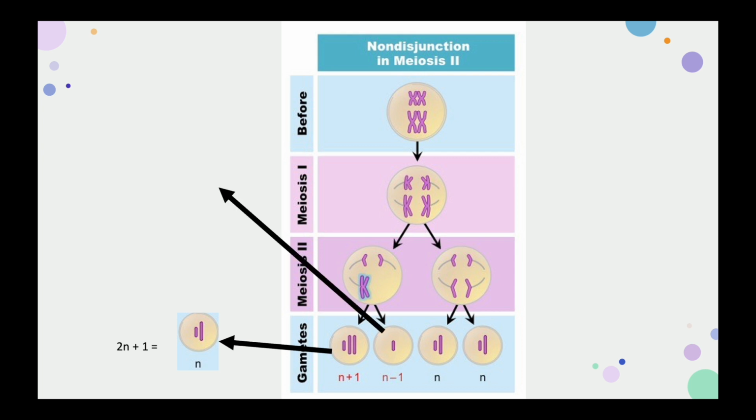If this gamete fertilizes with a normal gamete, it will result in the production of individual with one less chromosome, or 2n minus 1. In the case of human, normal diploid individual will have 46 chromosomes. However, 2n plus 1 individual will have 47 chromosomes. Meanwhile, 2n minus 1 will have 45 chromosomes.